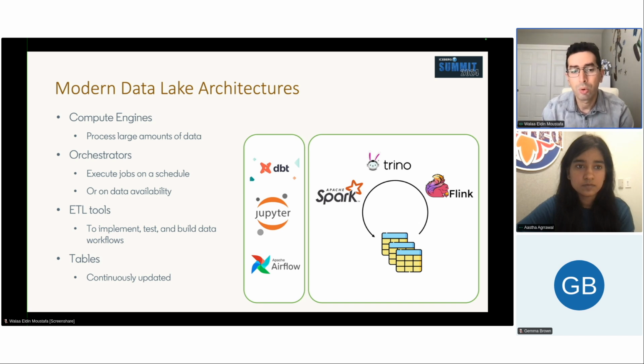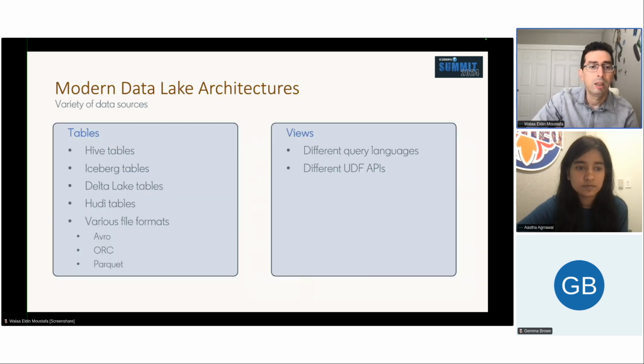In addition to the tables that exist in the data lake, which are used as the source of the input to compute insights on top of them, leading into other tables that keep being generated within the data lake, even tables themselves have a variety of formats and ways to structure them.